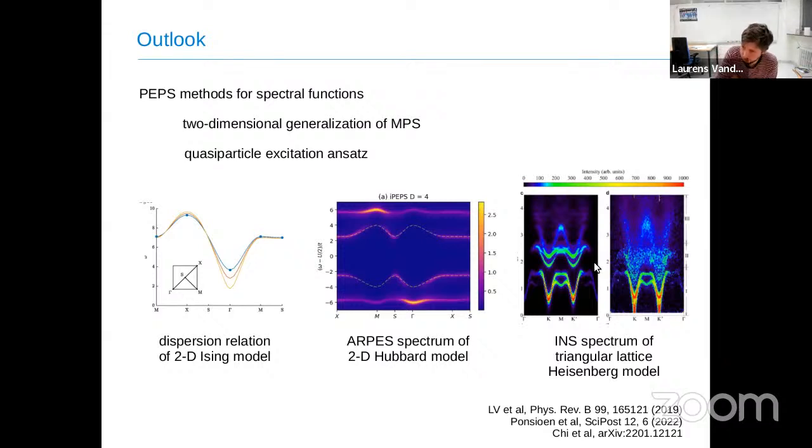And the group of Tao Xiang also did very recent work on the triangular lattice Heisenberg model using PEPS, with this quasi-particle excitation ansatz. So this worked quite well. But the same problem that we had before is also true here, in the sense that you cannot really compute continua using this excitation ansatz.